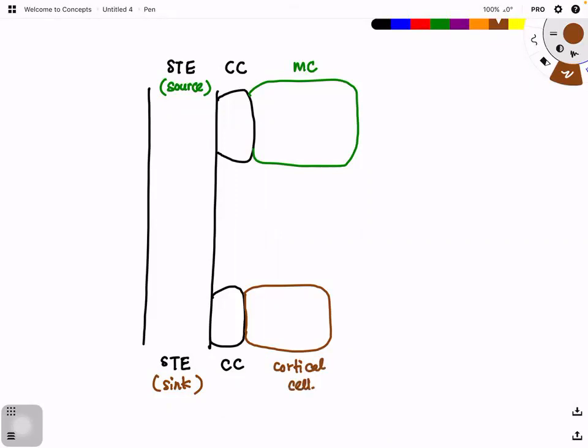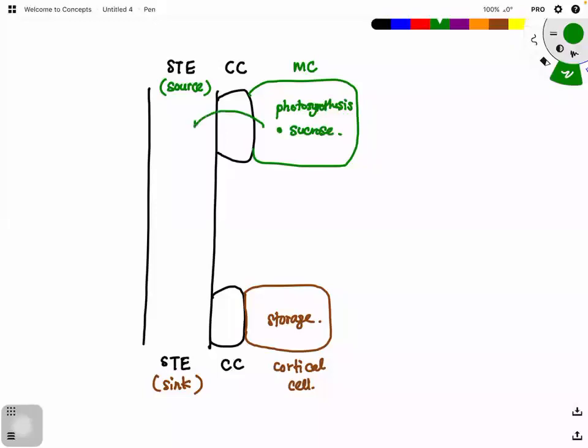So what actually happens first? These mesophyll cells carry out photosynthesis, while cortical cells carry out storage. They act as storage cells. Photosynthesis produces assimilate, and our assimilate here is sucrose. This sucrose now enters the sieve tube element.